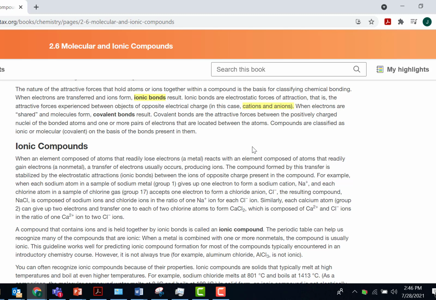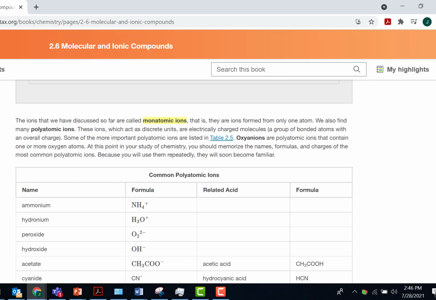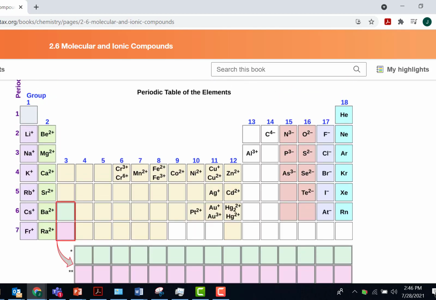So if you think about that periodic table, and let's actually scroll back up to that, the elements that formed positive charges, the cations, are all going to be metals. So not just these ones, but the ones over here as well. The elements that formed negative charges are pretty much going to be non-metals, although perhaps some metalloids in some cases.